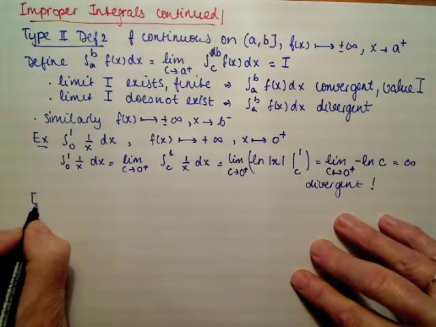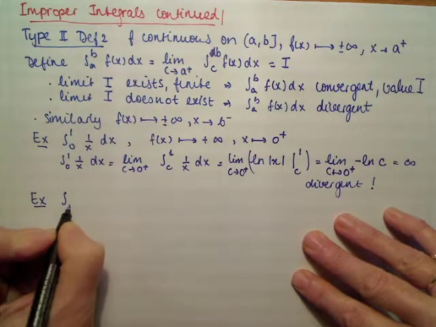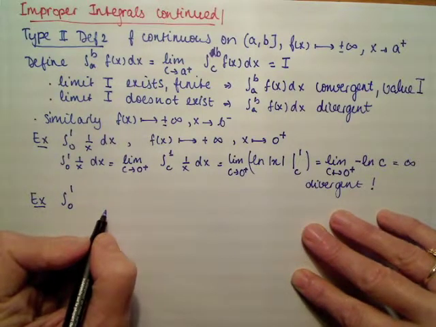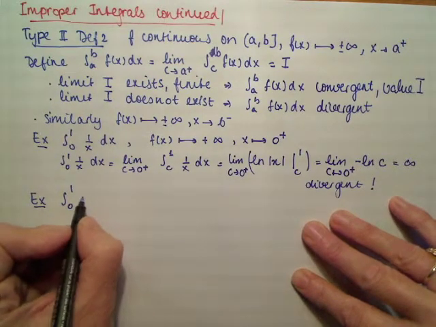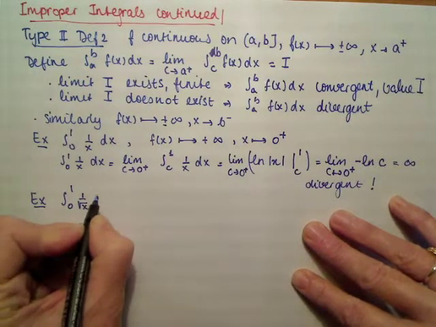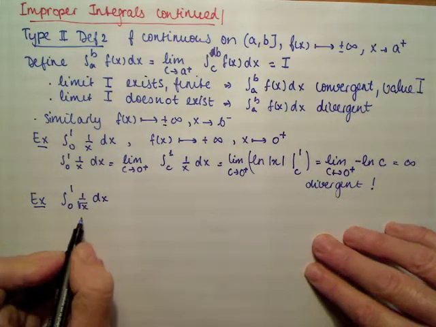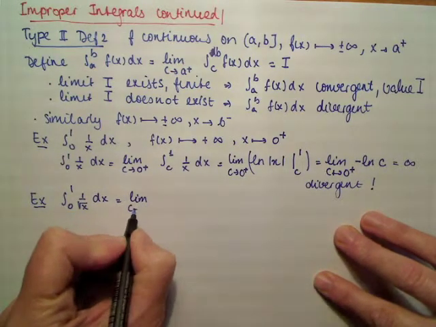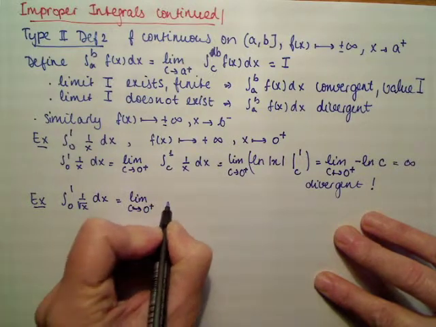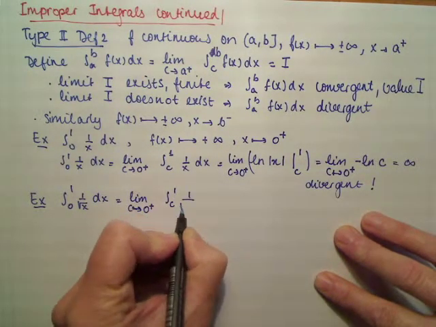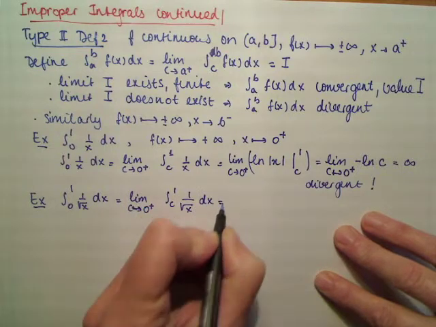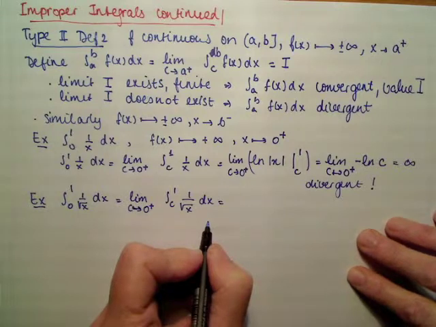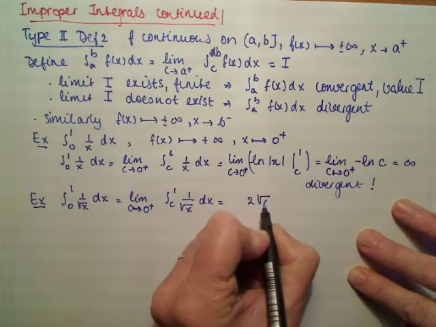Now we have another example where the corresponding function behaves a little bit nicer. We have the same integration interval, but now we want to compute the definite integral of the function 1 over square root of x. Let us again write the formal definition of this improper integral. Now we calculate the primitive of 1 over square root of x, which is 2 square root of x.